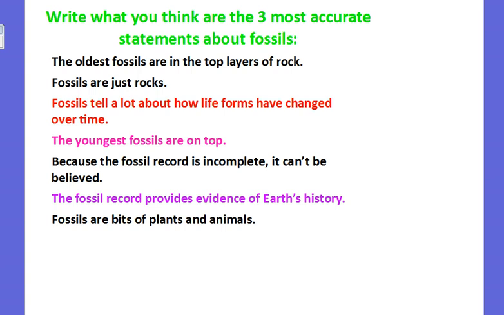And of this list, the 3 most accurate statements are that fossils tell a lot about how life forms have changed over time, because we can look at fossils from different periods of time and see what types of life forms used to be on Earth compared to what types of animals are here currently and what was here in between. The youngest fossils will always be found in the top layers of rock as long as the layers have not been disturbed. And the fossil record provides evidence of Earth's history.